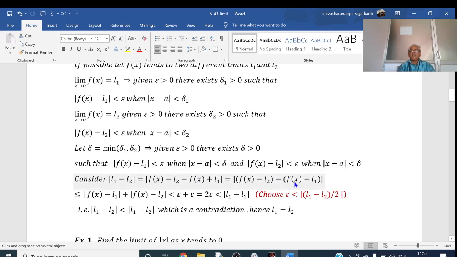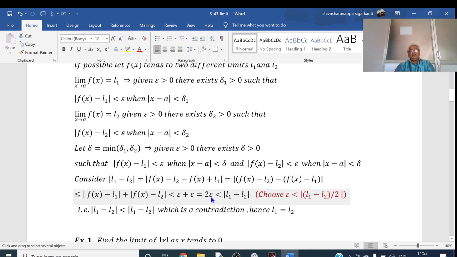I can write this is less than or equal to the sum of the two moduli, that is, mod of f of x minus L1 plus mod of f of x minus L2. And this is less than epsilon, this is also less than epsilon, that is less than epsilon plus epsilon, that is equal to 2 epsilon.